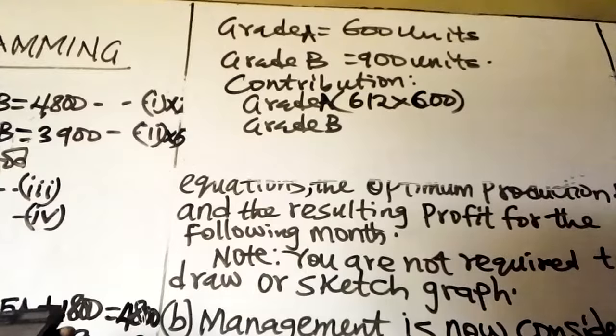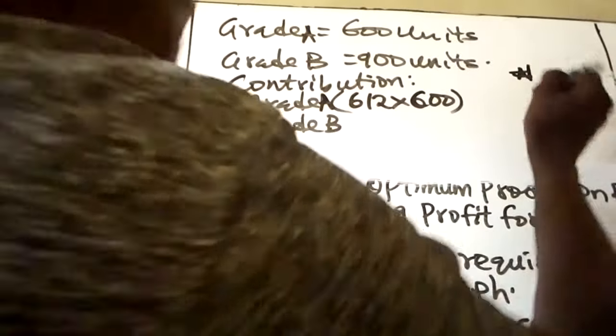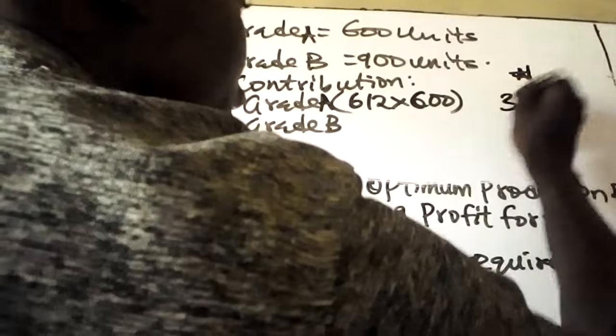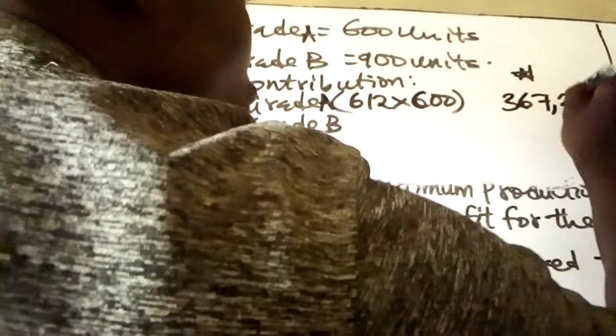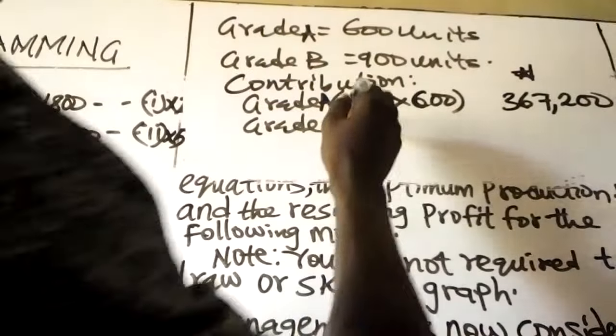Then the contribution from grade A is 367,200.